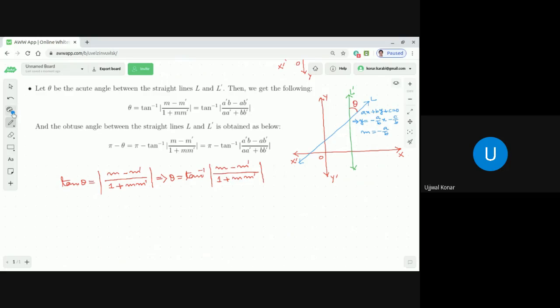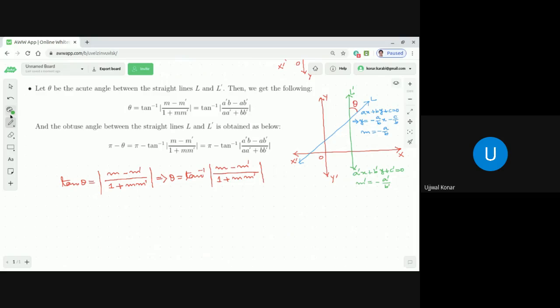And similarly for the other equation L dash, what is this equation? It is a dash x plus b dash y plus c dash is equal to 0. And from here you can find the value of its slope in a similar manner. The way I just did it a few seconds back, it should be minus a dash by b dash.